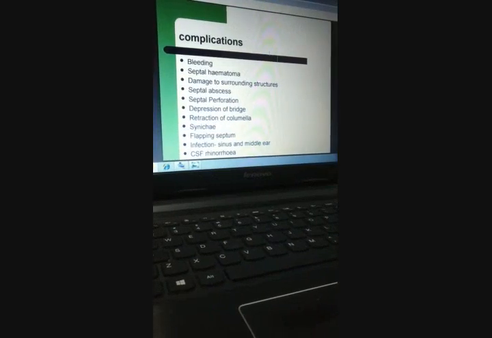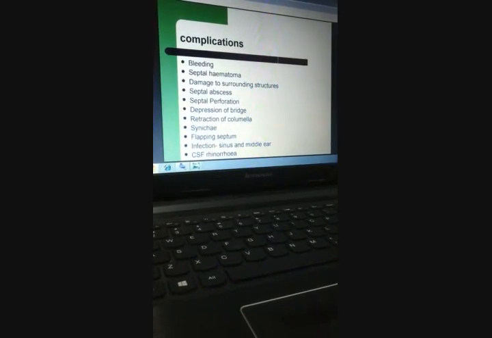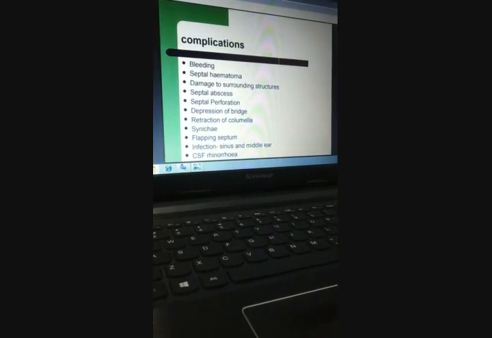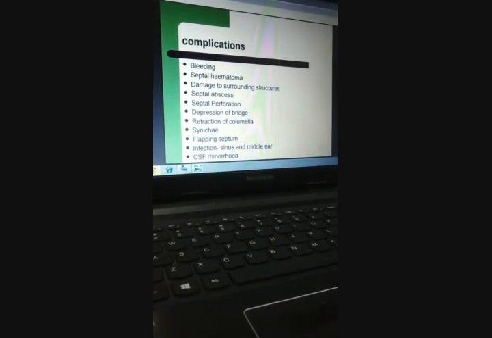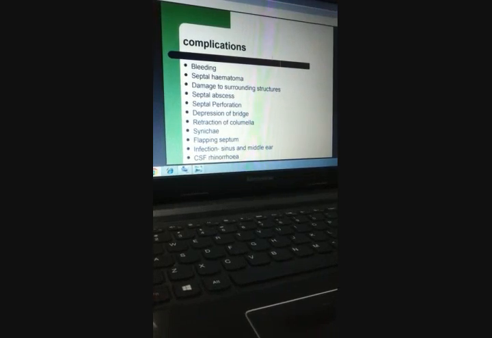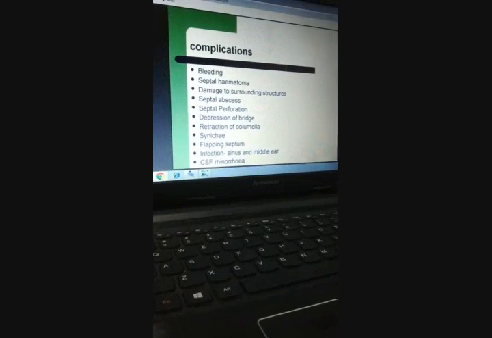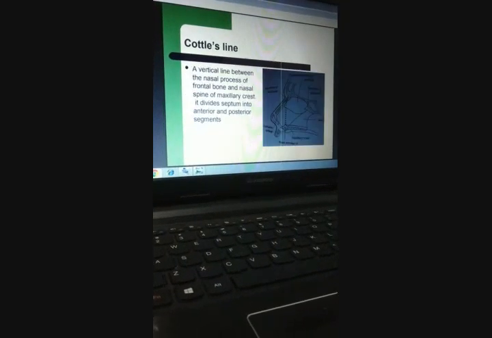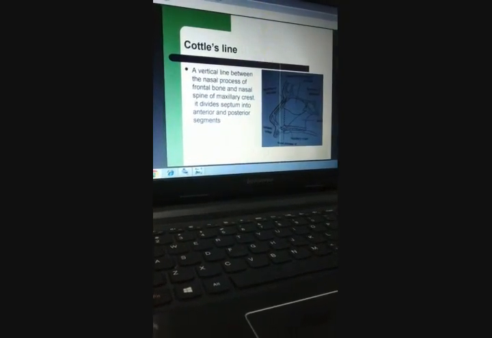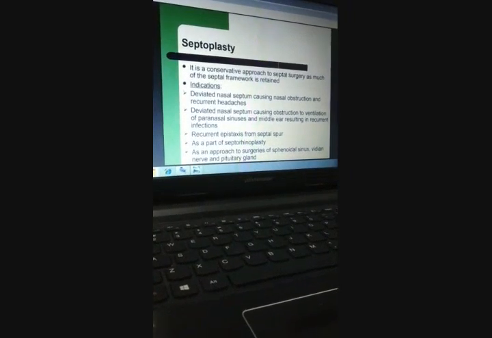Then depression of the nose, nasal bridge, retraction of the columella of the nose, synechia, flapping septum and occasional CSF rhinorrhea can occur.